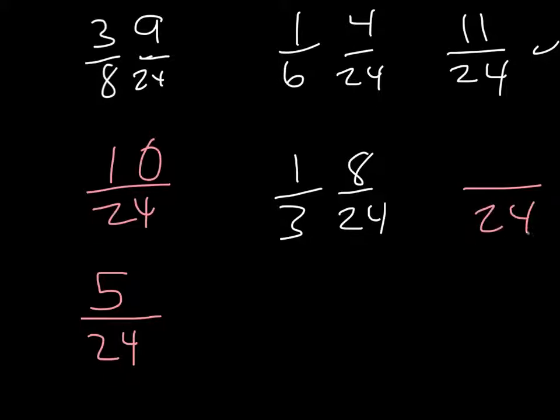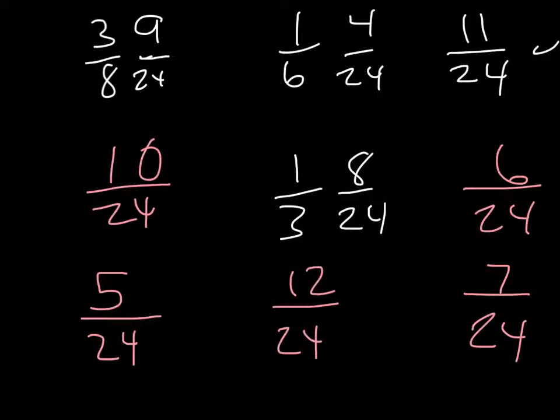I need to get to 24. 6. 6 and 11 is 17. How many more do I need? 7. 7 and 5 is 12. How many more do I need? 12. And 12 and 8 is 20 and 4 is 24 in this row, so everything works. 9 and 8 is 17 and 7 works in that diagonal, so everything works, yeah?